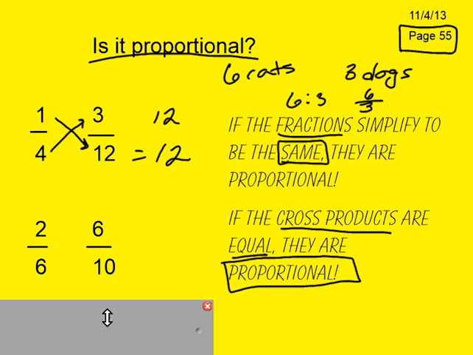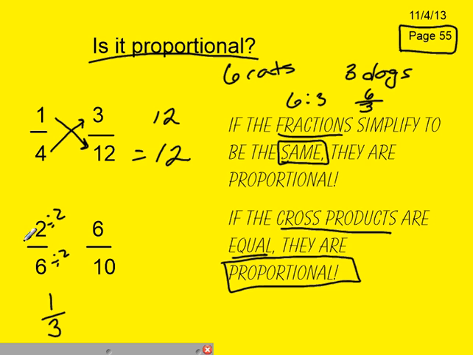Let's take a look at these fractions. We have 2 over 6 and 6 over 10. I'm going to show you both ways. The first way is simplifying the fractions. I have 2 over 6 here. Both the numerator and the denominator can be divided by 2, and that would give us the new fraction. 2 divided by 2 is 1, 6 divided by 2 is 3.